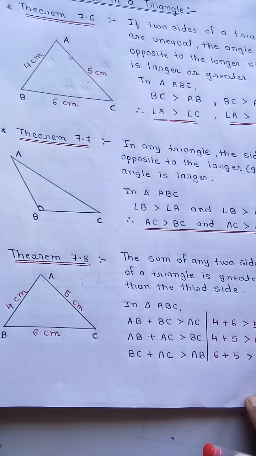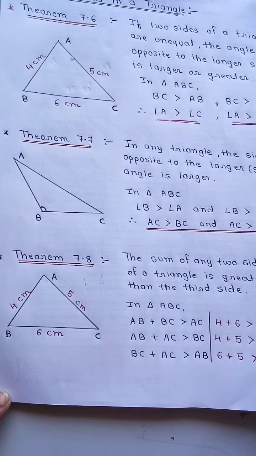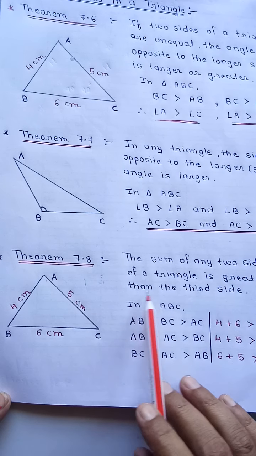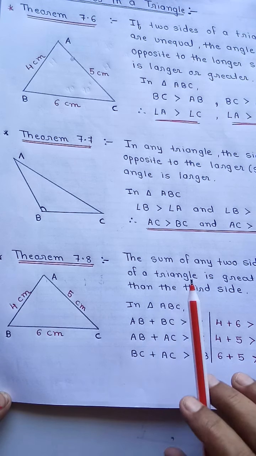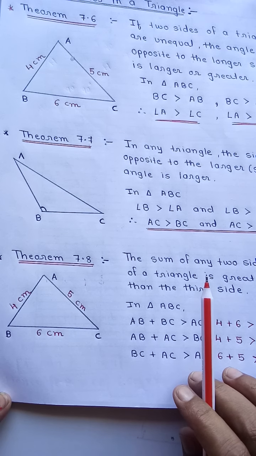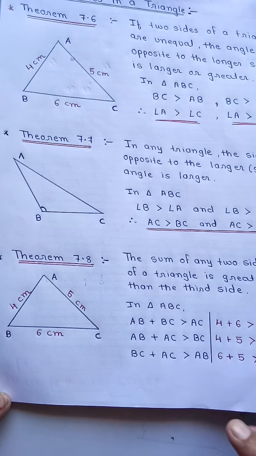Now theorem 7.8. The sum of any two sides of a triangle is greater than the third side. Whenever you add any two sides measurement in a triangle, it is always greater than third side. If it is not like that, then triangle will not be formed only.